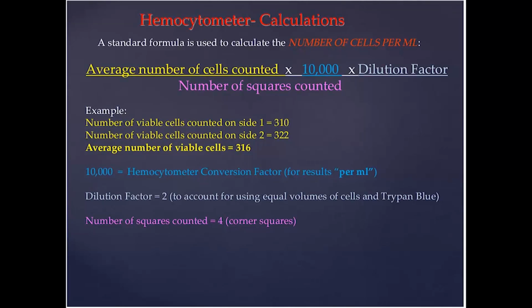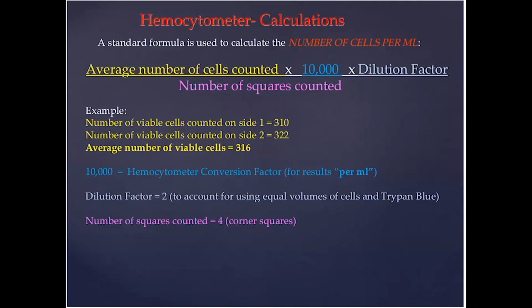So in order to calculate how many cells there are per 1 ml, we multiply by 10,000.